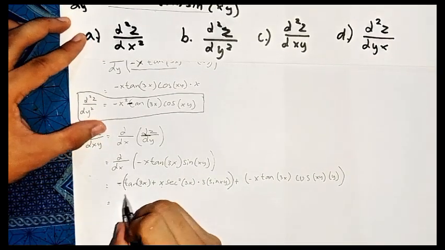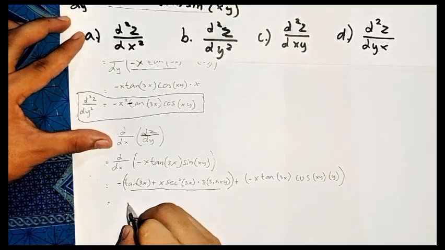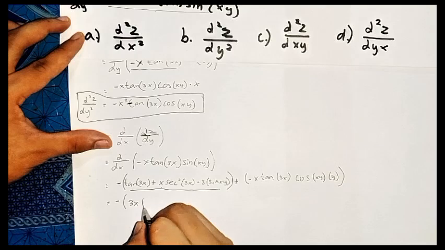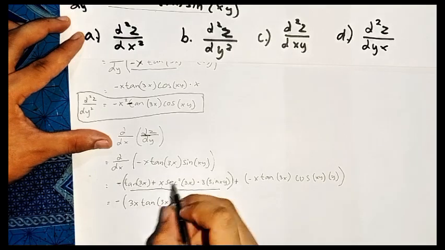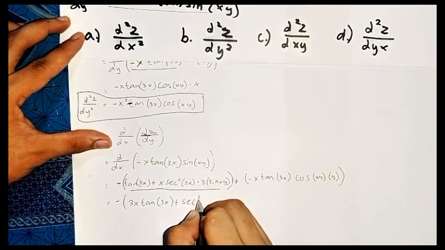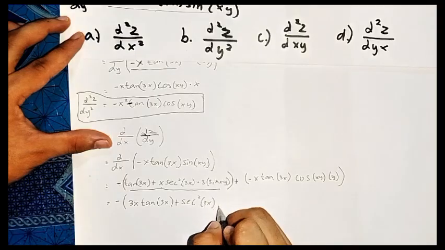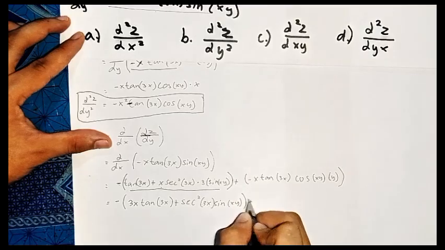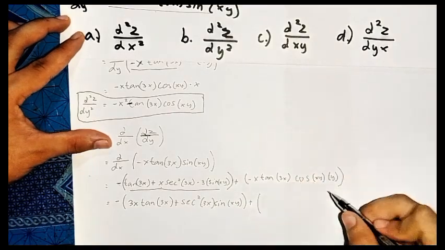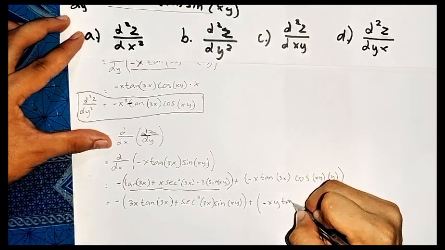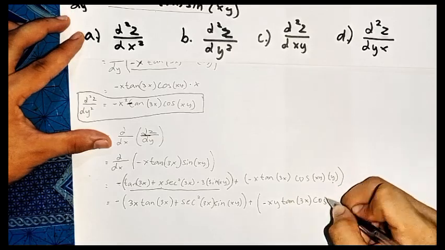Let's distribute. Let's multiply this first. So this becomes 3x secant squared 3x sine xy, plus tan 3x. Then this one, multiply y and x, becomes negative xy tan 3x cosine xy.